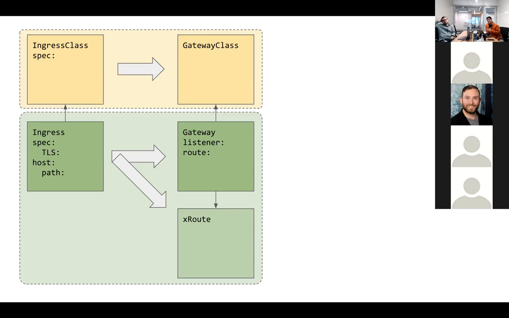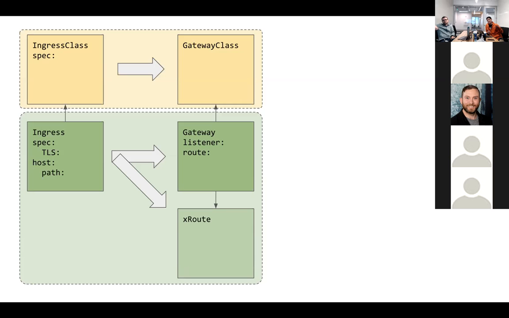If you look at how the objects are laid out, Ingress class goes to Gateway class. Again, it keeps the role of describing the infrastructure: this infrastructure is available as this class. You do not necessarily need to understand all the details of how the infrastructure works, but you can reference this class and it has certain properties.